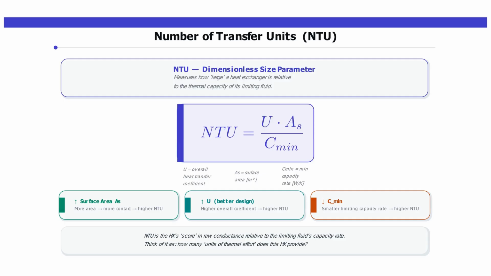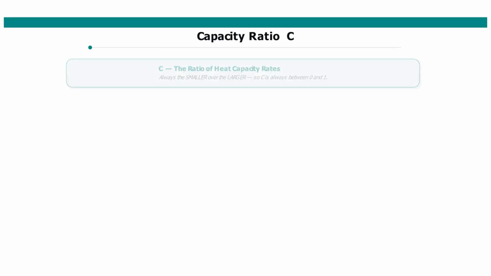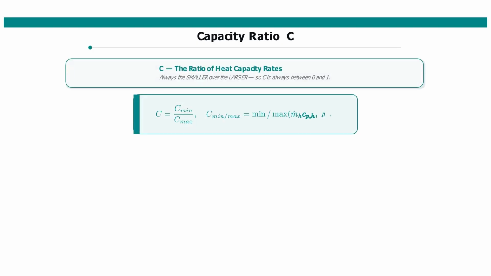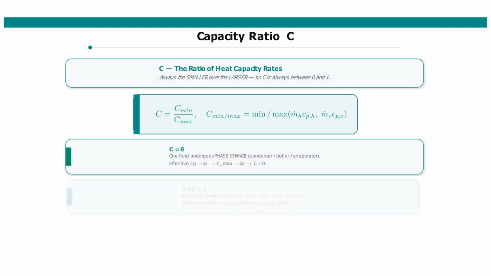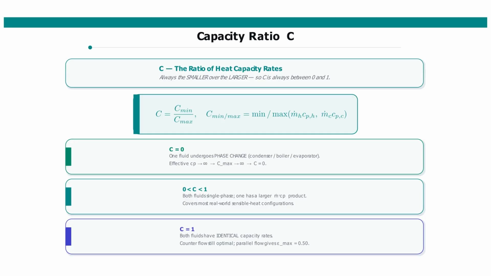NTU is the HX's score in terms of raw size and conductance relative to the limiting fluid's capacity rate. The capacity ratio C is simply the ratio of the smaller to the larger capacity rate. C equals C min divided by C max, always between 0 and 1.